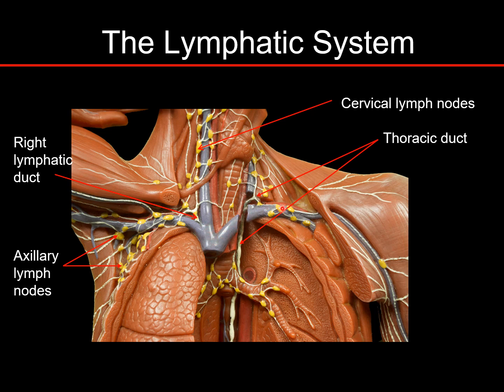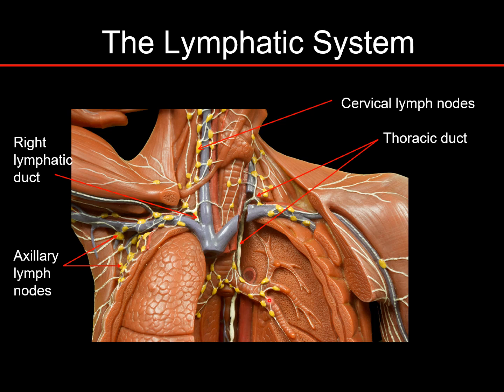Then you have your subclavian vein coming in with the internal jugular. Same on this side, subclavian and internal jugular. And then you can see the lungs and the neck, the trachea. Just to orient, the heart is missing.